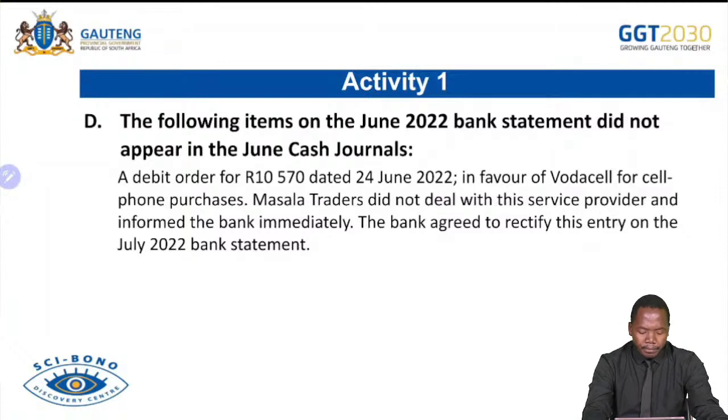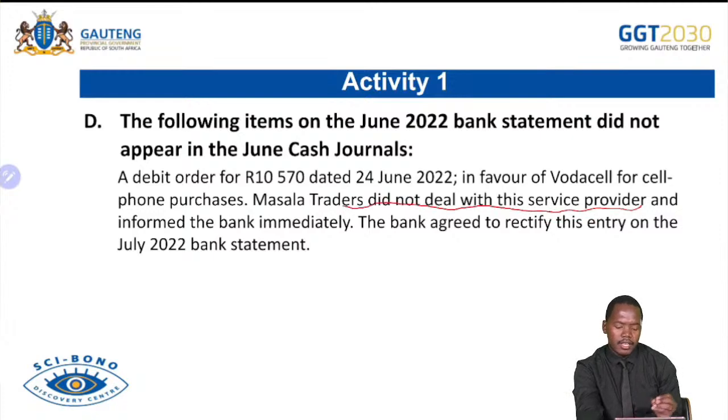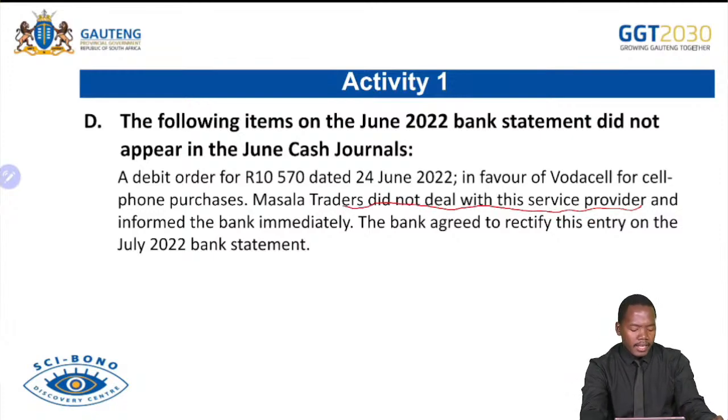Information D. The following items on the June 2022 bank statement did not appear in the June cash journals. A debit order for 10,570 dated 24 June 2022 in favor of Vodacell for cell phone purchases. Masala Traders did not deal with this service provider and informed the bank immediately.